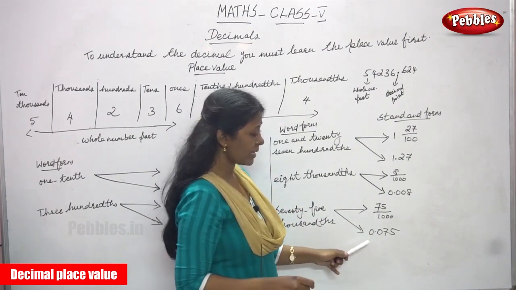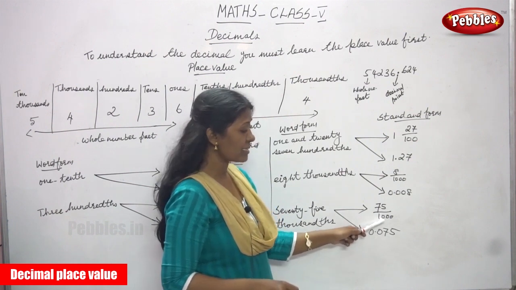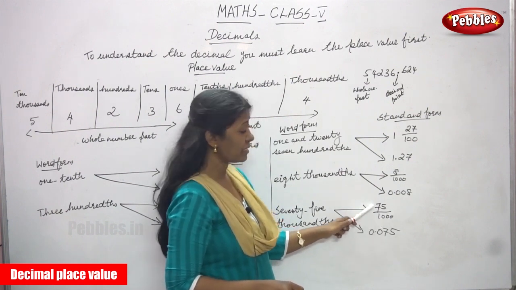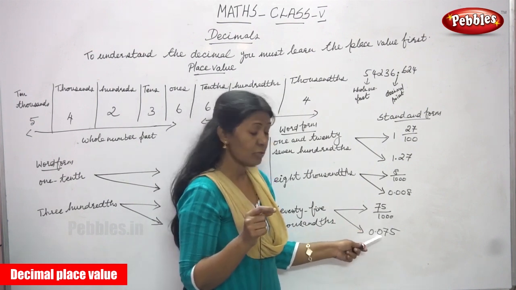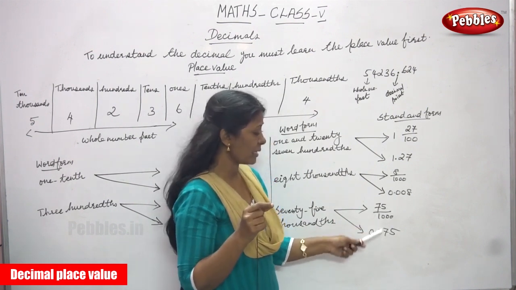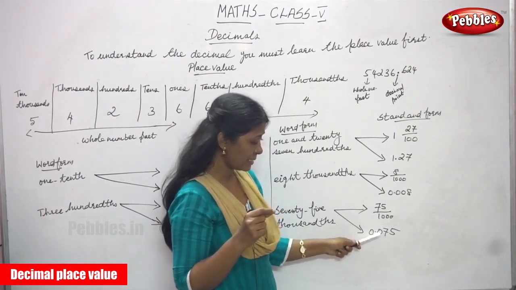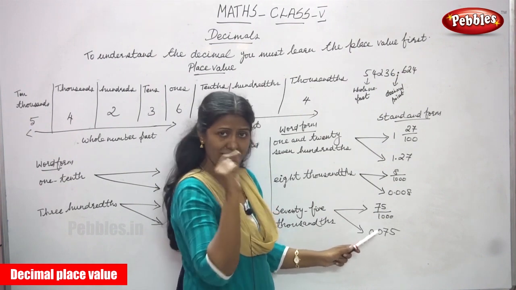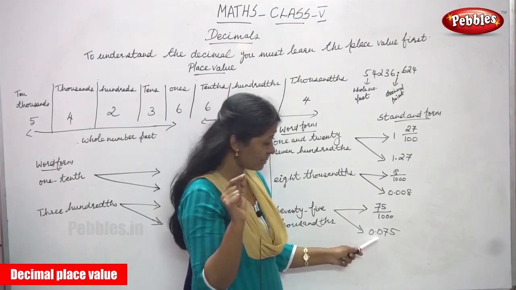So what are you going to write? 0.075. So why did I write 0 here? Because there are 3 zeros, but here only 2 digits. So you need one more digit. That is why I have written 0. This 0 is in the tens place, and this 0.0 represents the decimal. After that you must put a point, that is called the decimal point.